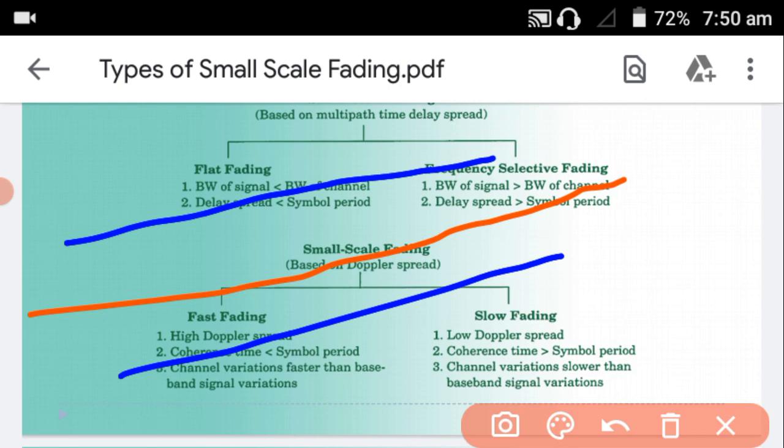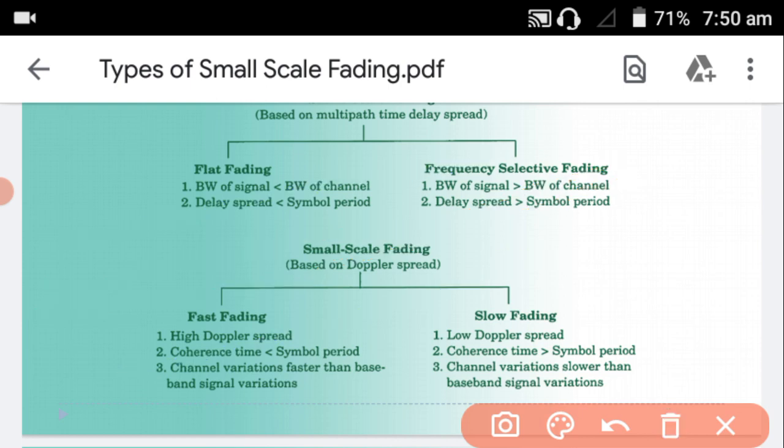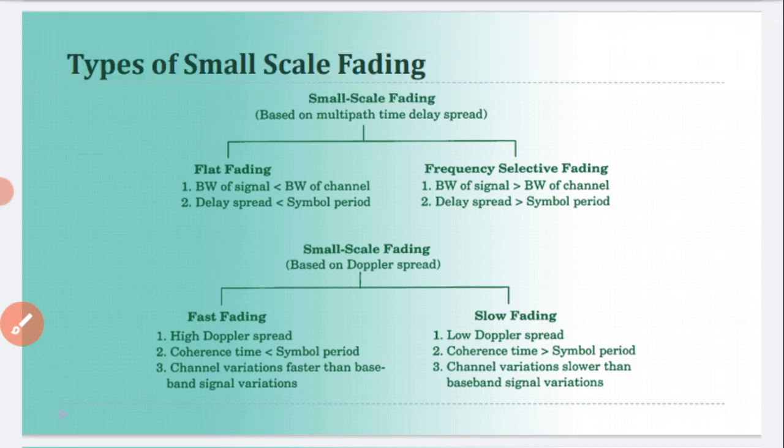If the bandwidth of the signal is less than the bandwidth of the channel, as in this case, there will be a chance for flat fading. So the fading effect will be low, right? This is flat fading. The bandwidth of the signal is less than the bandwidth of the channel.